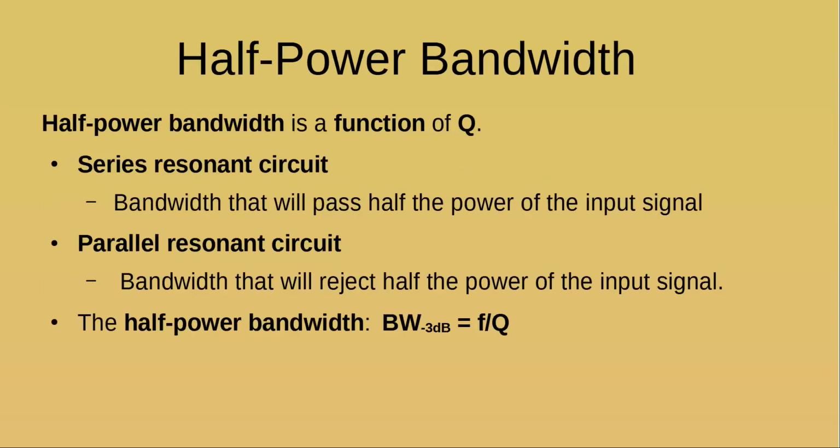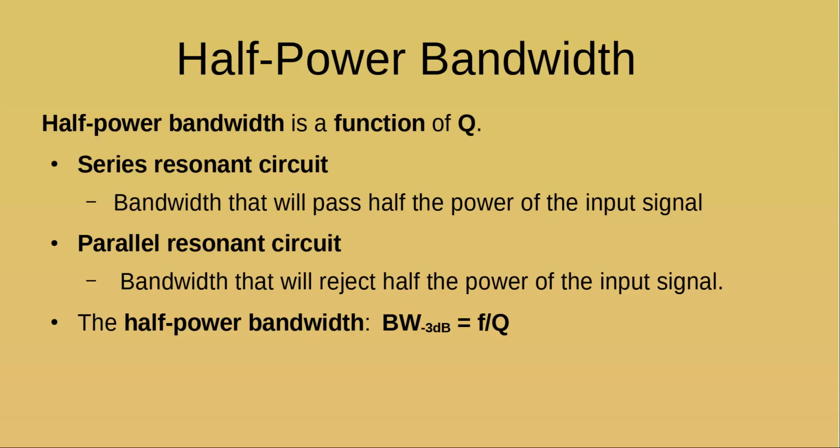Okay. Half power bandwidth. We use the Q to determine the half power bandwidth of a series or parallel circuit. I don't really like the wording, but in a series circuit, it's the bandwidth that will pass half the power of the input signal.